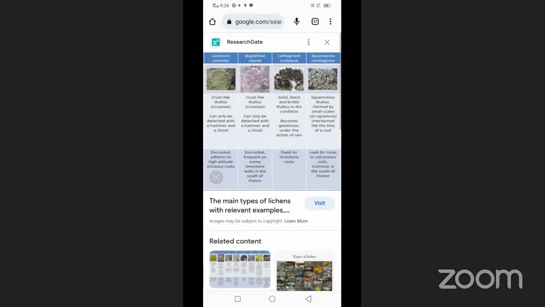Also, reindeer moss can grow in the Arctic, especially in the Arctic tundra.